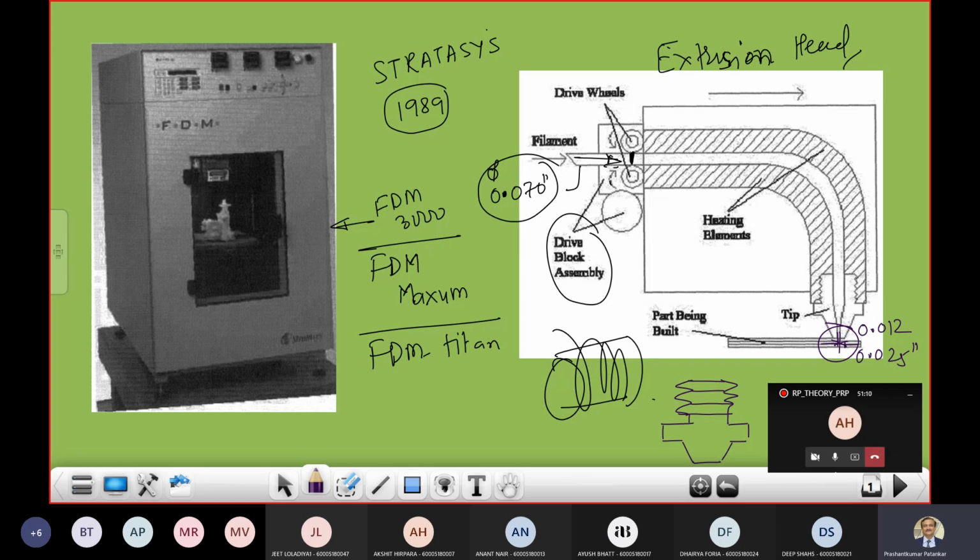So all those things depend on the tip's dimensions and the tip's hardware, okay. So for that reason, the tip is very important, okay. Tip is very important. So this is about the basic things that I wanted to discuss with you.